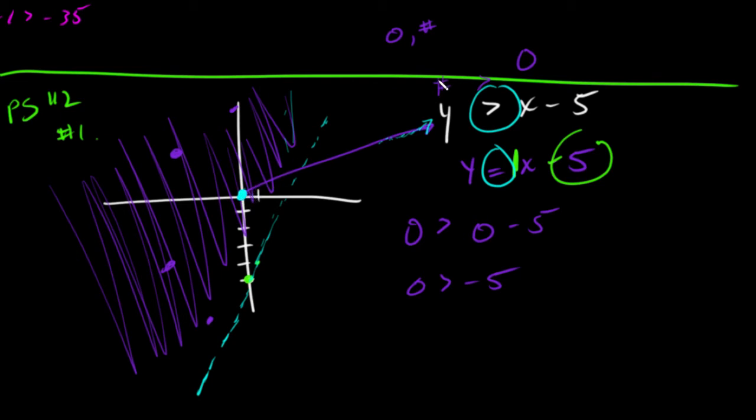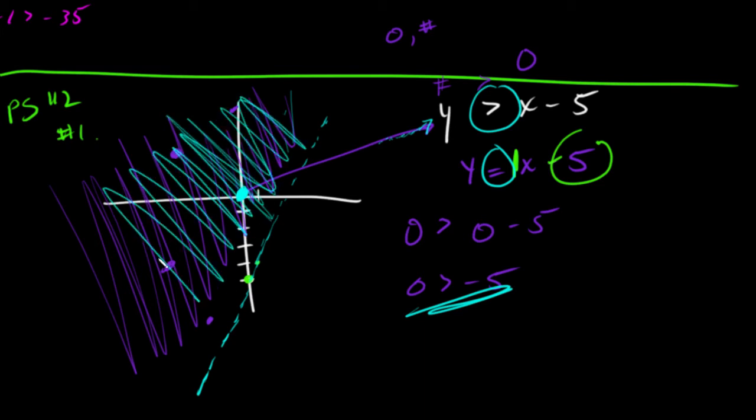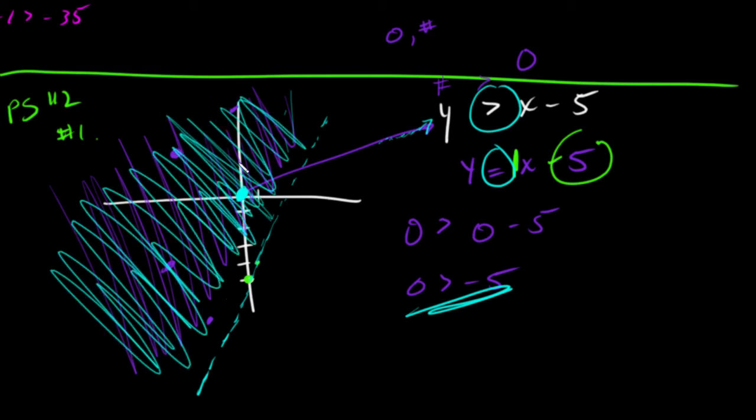You plug it in, and if you get a true statement, then yes, look at that, this little baby point is your solution, and you shade towards it. You go towards the light, towards the point. However, if it makes a false statement, then it's a dirty liar, and you shade away from it, and you don't want it as a part of your group. So that is the moral of the story. Man, this is going on for a long time, but anyway, that's how you do that.